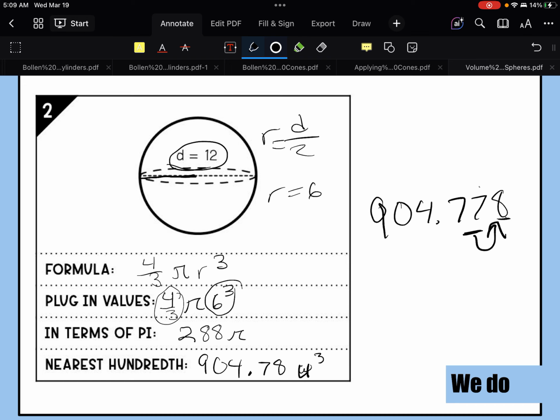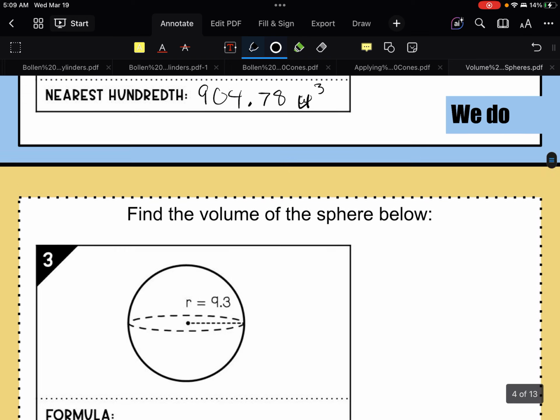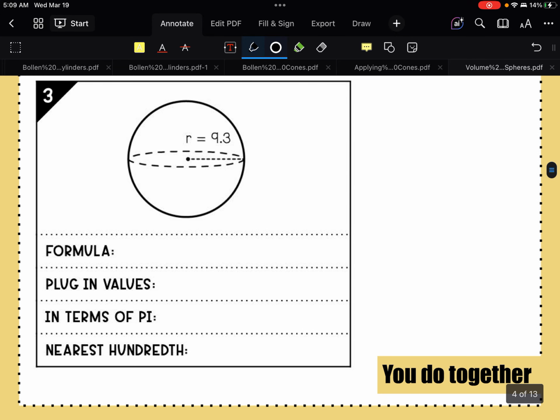Alright, the next one, we're going to do the same thing: 4/3 times pi r cubed. We plug in the values.